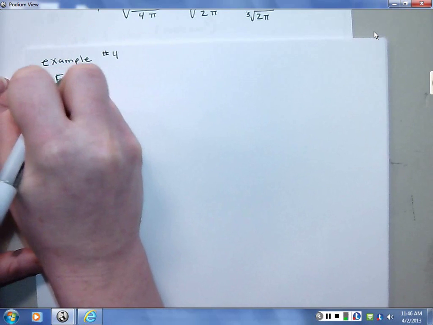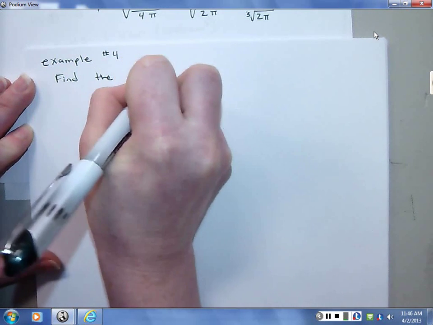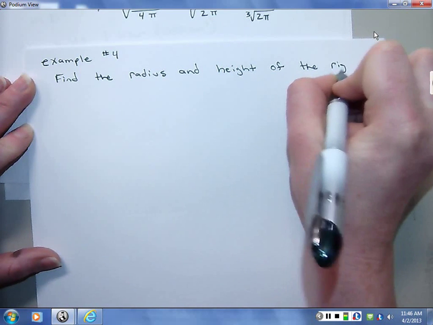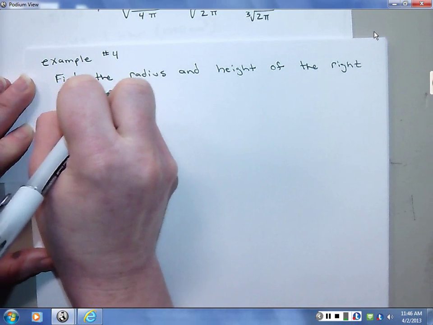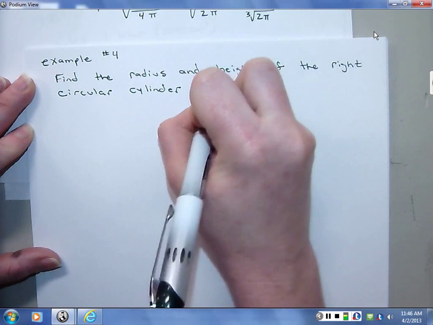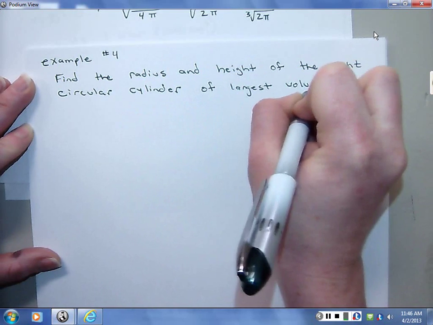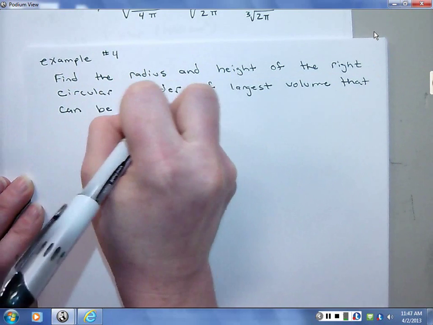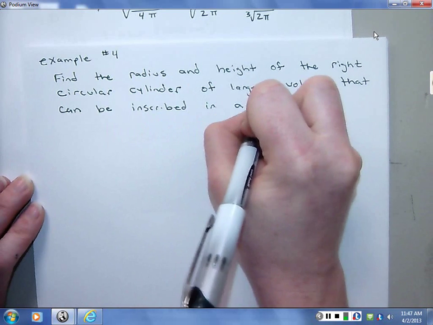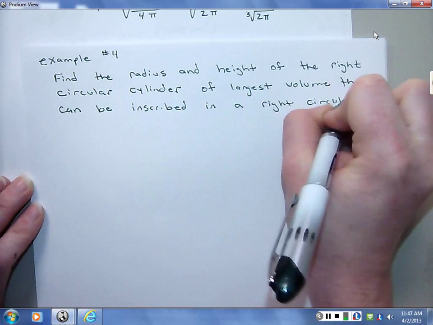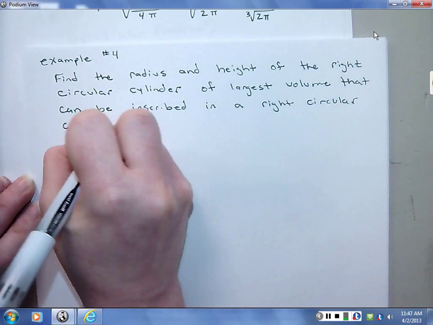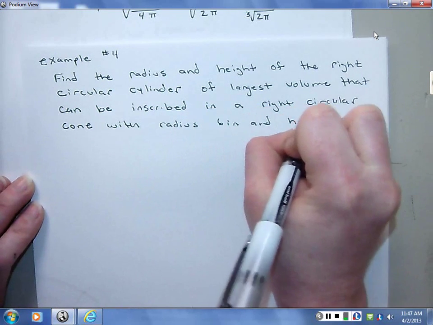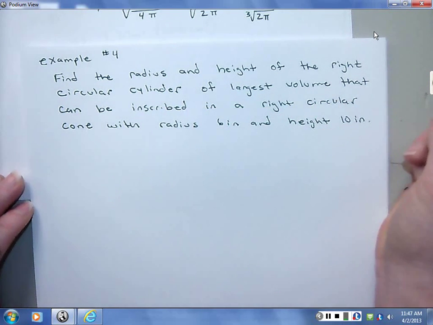So let's say we want to find the radius and height of the right circular cylinder of largest volume that can be inscribed in a right circular cone with radius 6 inches and height 10 inches. And you can see why a picture is your friend.